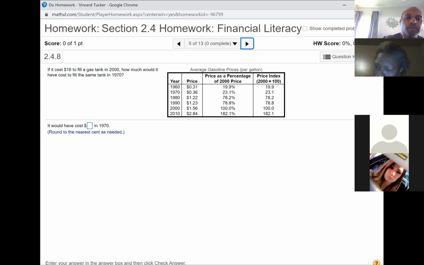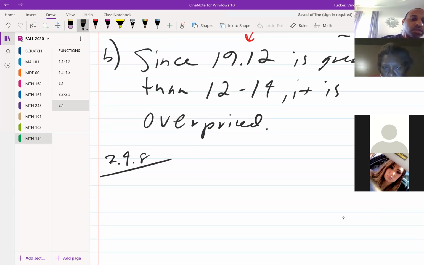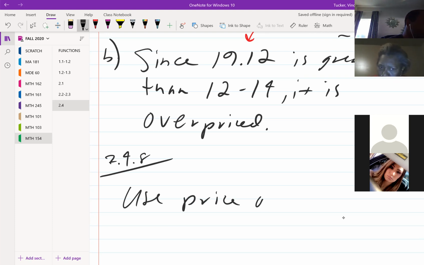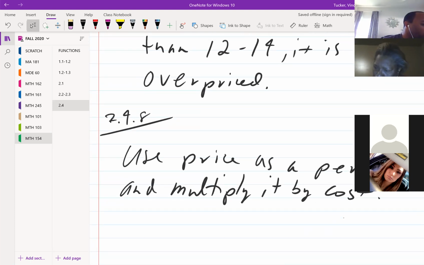Here we go, 2.48. If it costs $16 to fill a gas tank in 2000, how much would it have cost to fill the same tank in 1970? All right, so let's go to the notes. So we're going to use the price as a percentage and then multiply it by the cost.